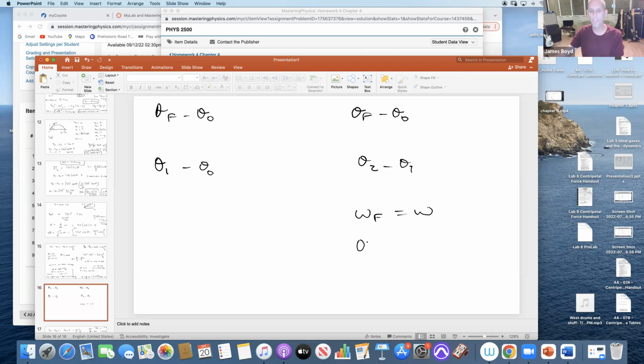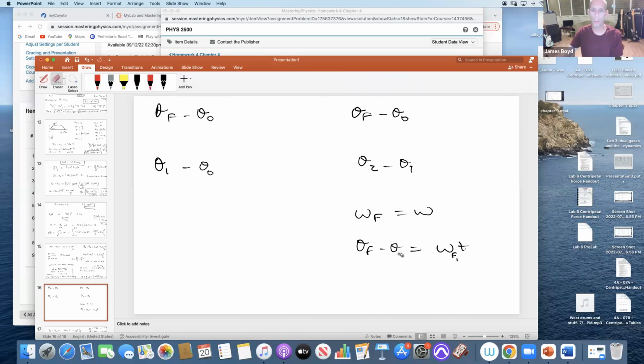And therefore, theta final minus theta initial is omega t, whatever this final from part 1 is. And this will be whatever our theta from part 1 is. So in order to find how far it went, we're going to find how far it went in the first time and then the second time.